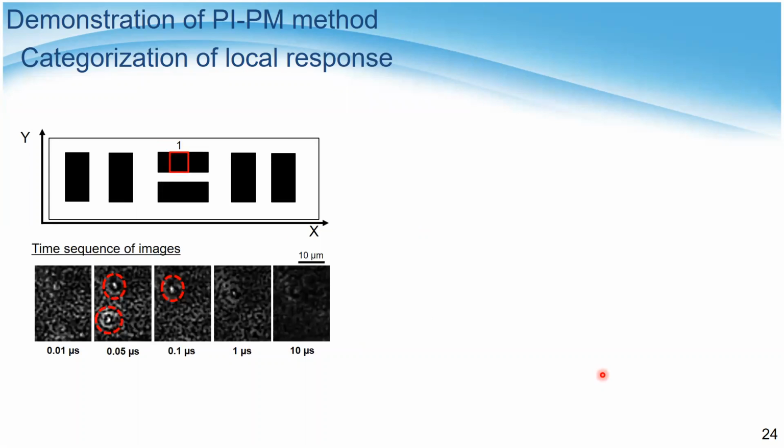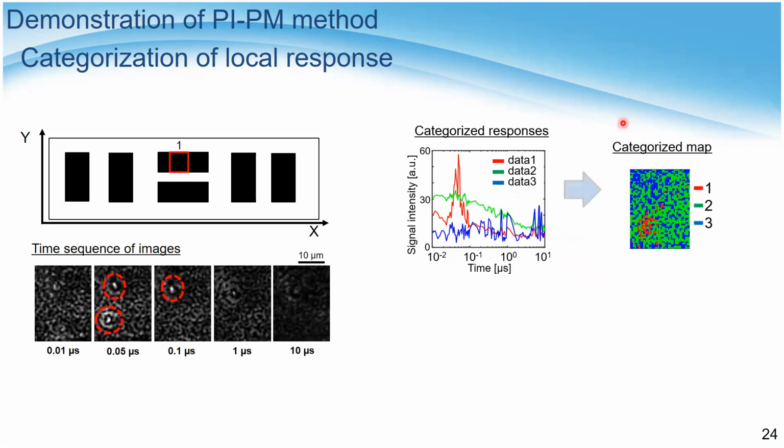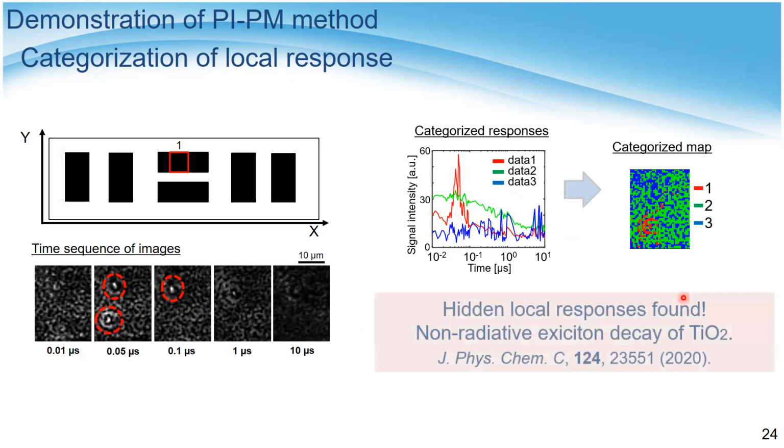For example, in the local response in this small region, if you look carefully, we can actually find many spot-like responses like this. When we categorize our responses, we find a no-response region, the sharp spotted response, and also average responses, and they can be mapped out like this category map.